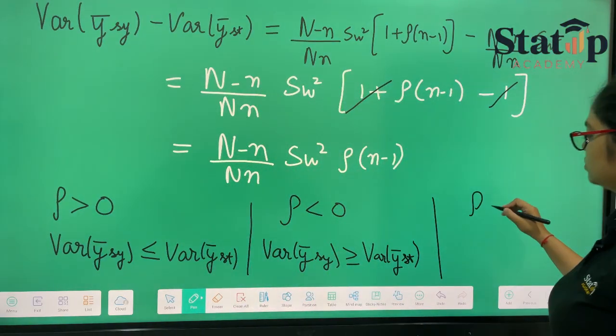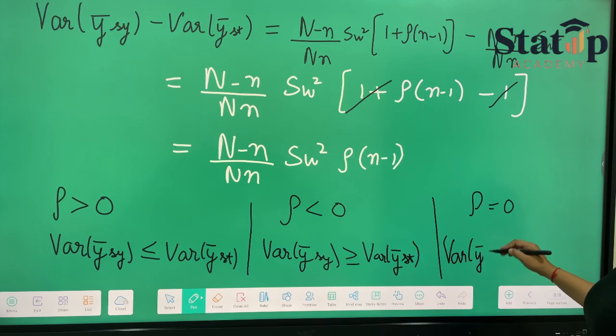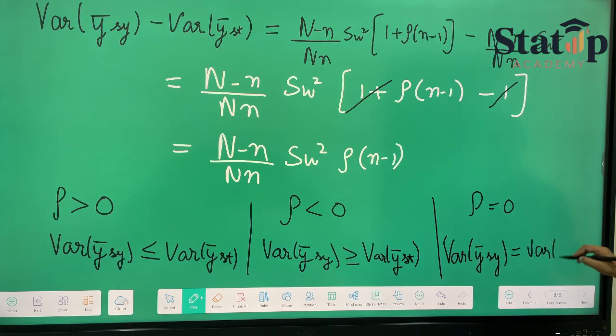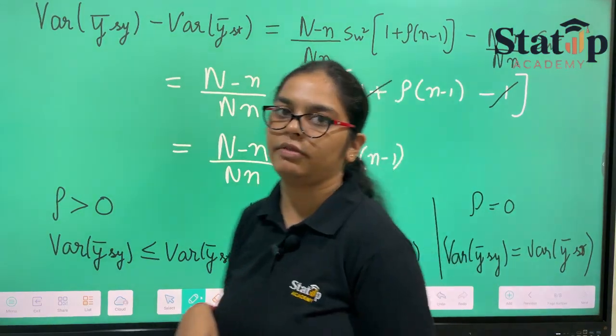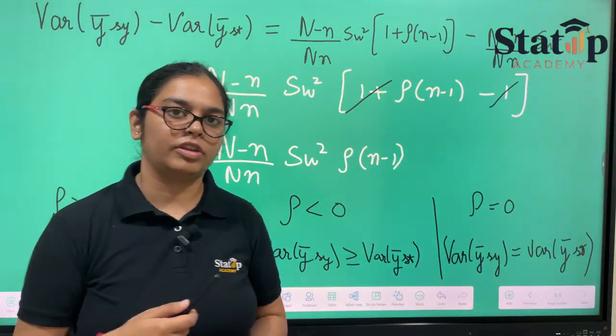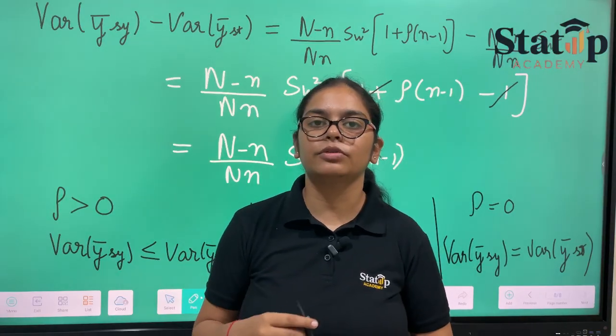And if rho is equal to 0, then variance of y bar systematic is equally efficient to variance of y bar stratified. You can either prove it by differencing, or with the relative efficiency method. Both of them are correct, and this has been asked many times in the PYQs.